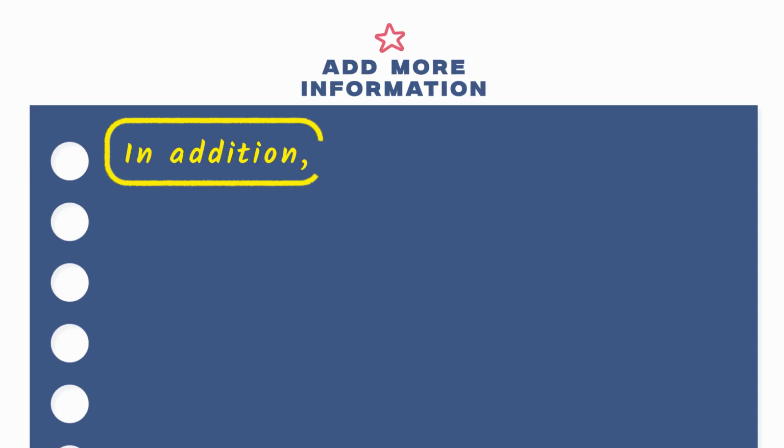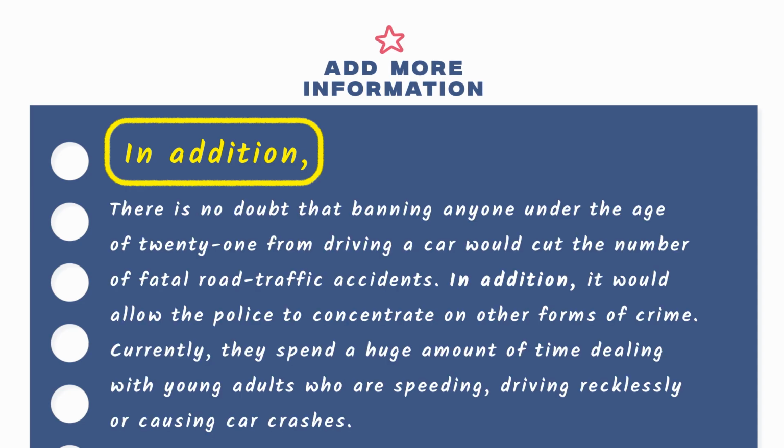The first one is in addition. In addition. So let's see how we can use this linking word in our paragraph. There is no doubt that banning anyone under the age of 21 from driving a car would cut the number of fatal road traffic accidents. Now, I am going to add more information to the previous one, and I write in addition.